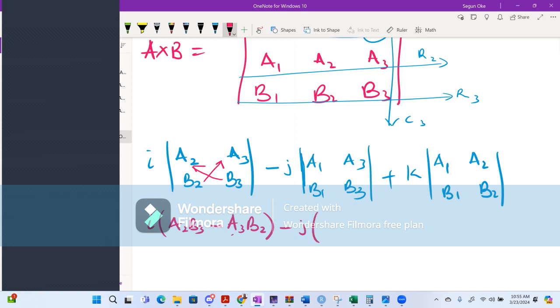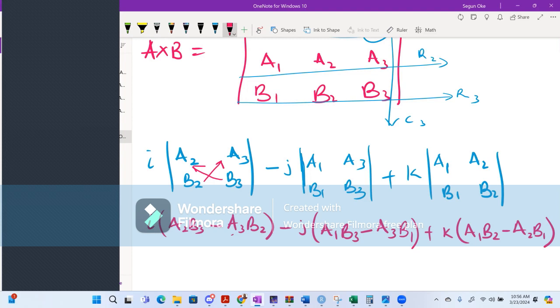Minus J, A1, B3 minus A3, B1. Plus K, A1, B2 minus A2, B1. So that is the solution for the cross products.